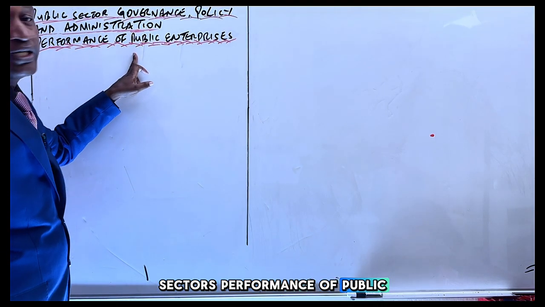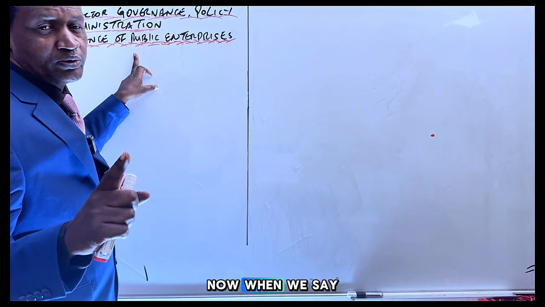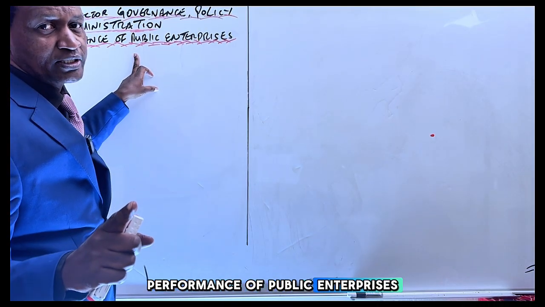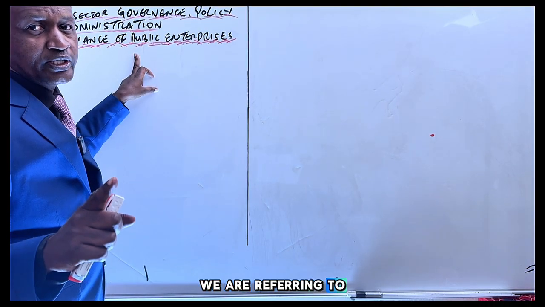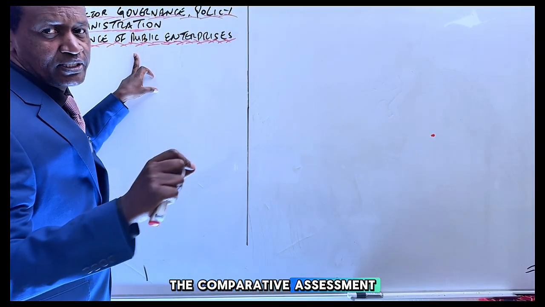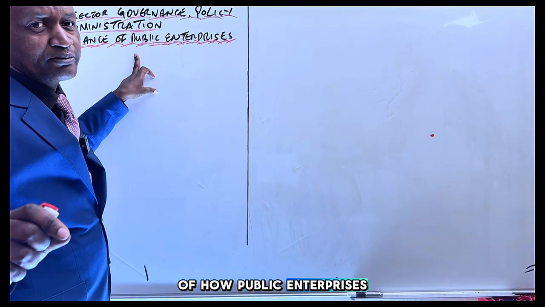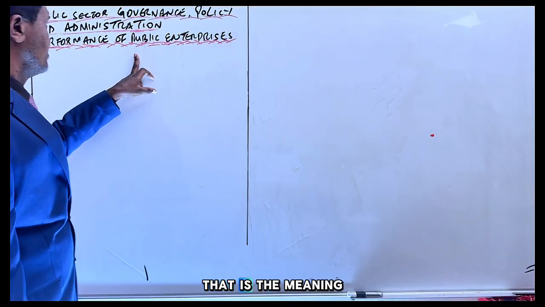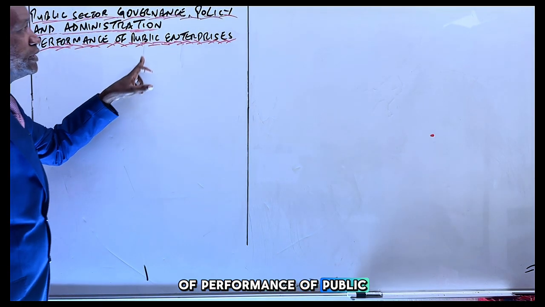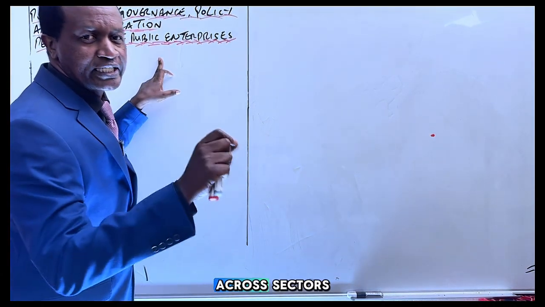Performance of public enterprises. Now, when we say performance of public enterprises, we are referring to the comparative assessment of how public enterprises perform. That is the meaning of performance of public enterprises across sectors.